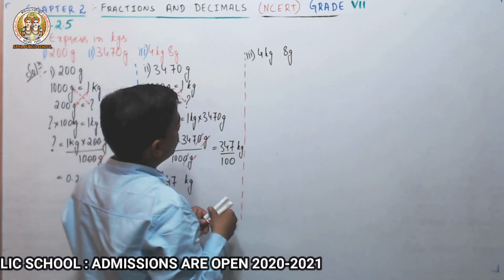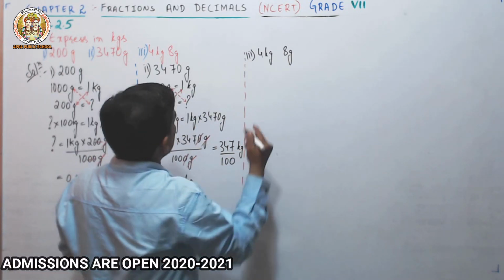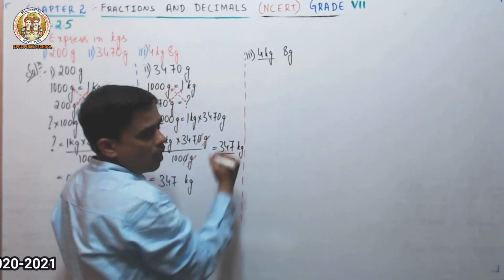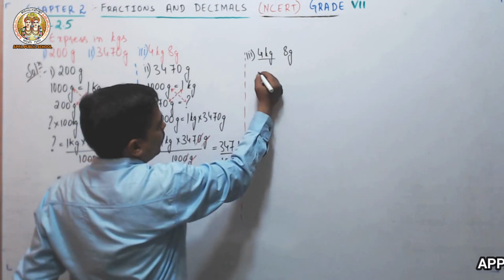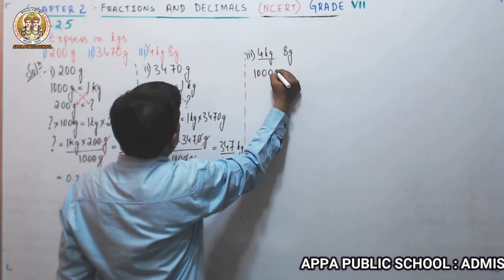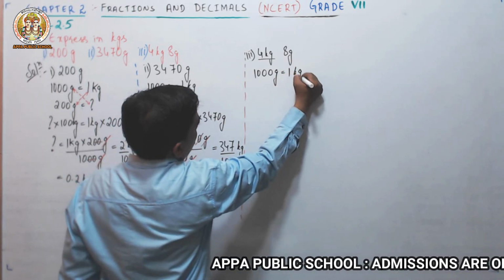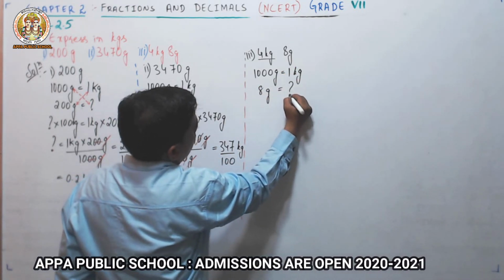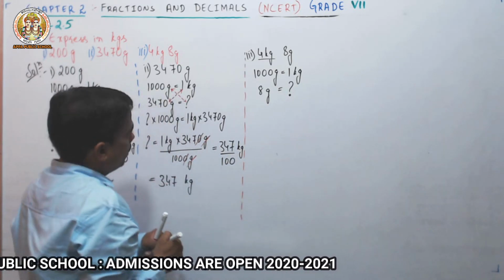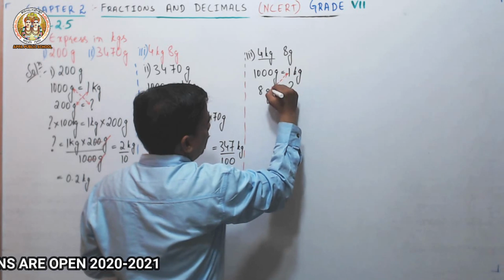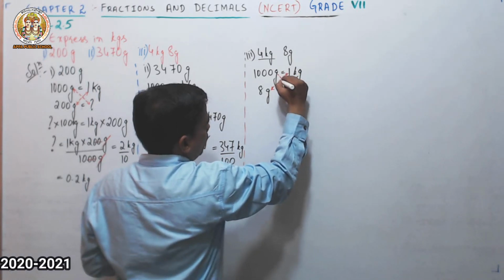So this 4 kg I will keep as it is. 8 gram I will convert into kilogram. So I think you can understand here, once again 1000 gram is equal to 1 kg and 8 gram is equal to question mark. So cross multiply it, the same method. Don't take risk. If you know, you can write it, or else better solve it.